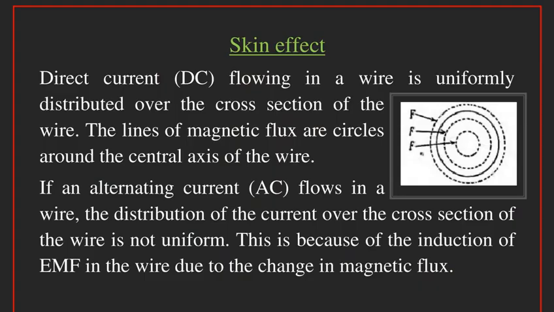So first of all, we will discuss what is skin effect. It is a continuation of the AC passing through an inductor. When a direct current passes through a wire, it is uniformly distributed over the cross section of the wire.